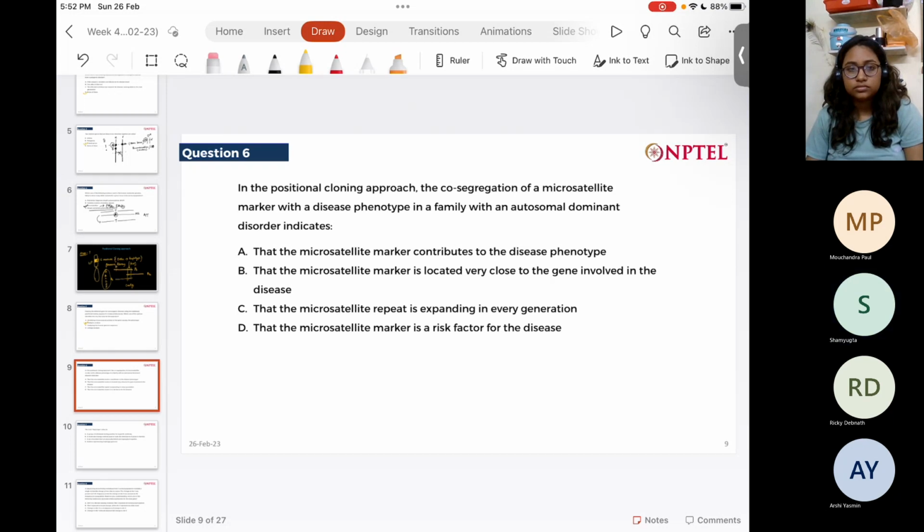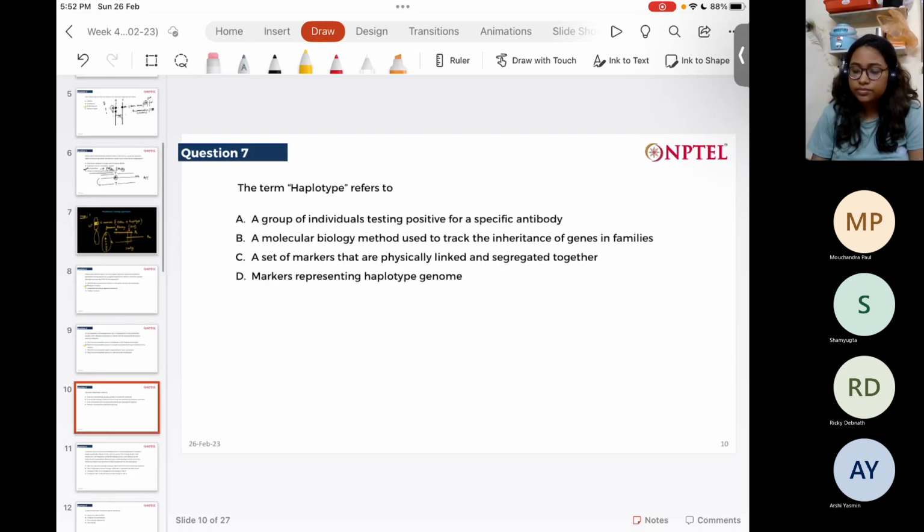Option B. D or B? B, ma'am. Yes, you're correct. So the correct option is B. It is co-segregating because it is closely linked, located very close to that gene of interest, which is actually mutated and causing the disease, right? That is why it is co-segregating.